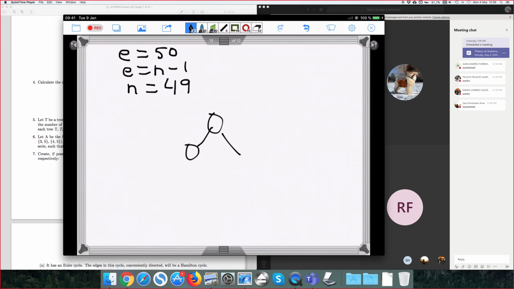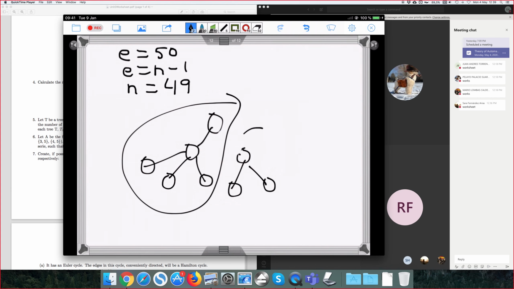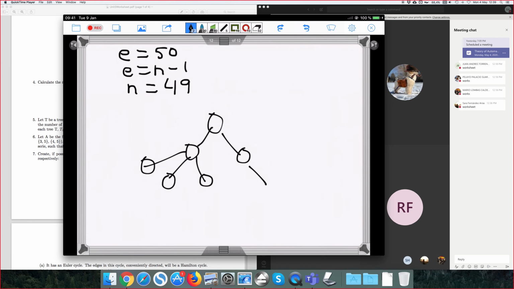If you have a tree like this one and you remove that edge, you find exactly 2 trees. We have proved that in general: if you remove an edge from a tree, you obtain exactly 2 trees, and in this case we are calling them T1 and T2.